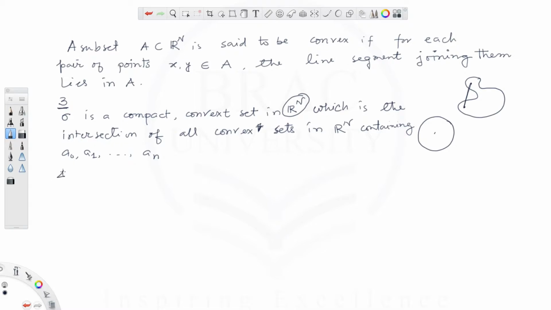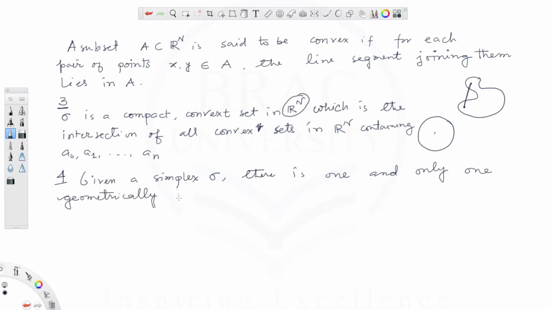Now the fourth property states that given a simplex sigma, there is one and only one geometrically independent set of points spanning sigma.